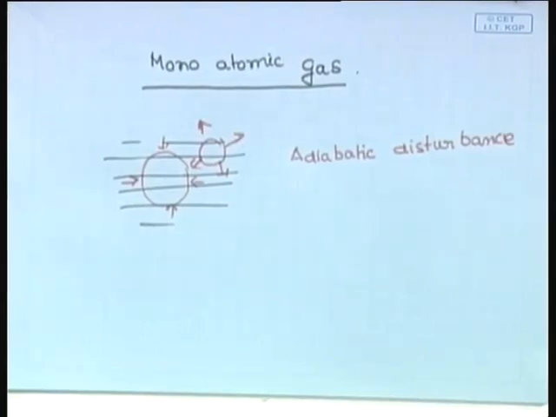What is the justification for assuming that it is an adiabatic compression or rarefaction? What do we mean by a compression or rarefaction being adiabatic? If I take a gas and compress it, the temperature of the gas is going to go up. Similarly, if I take a gas and expand it, rarefy it, its temperature is going to go down.